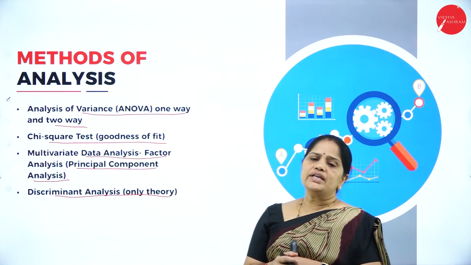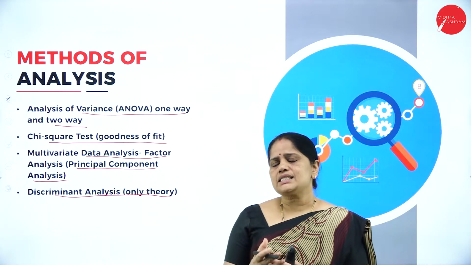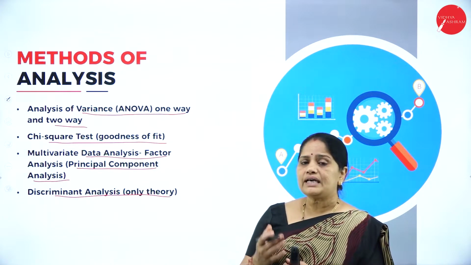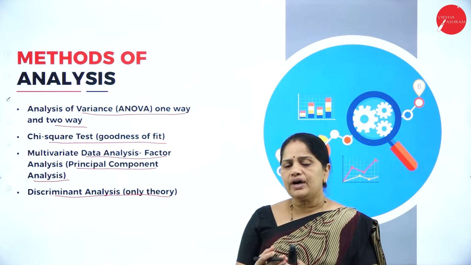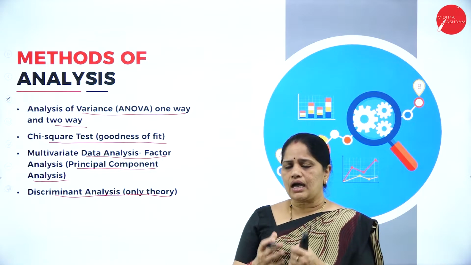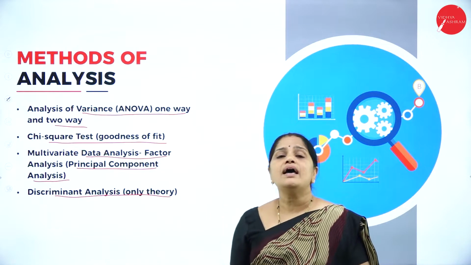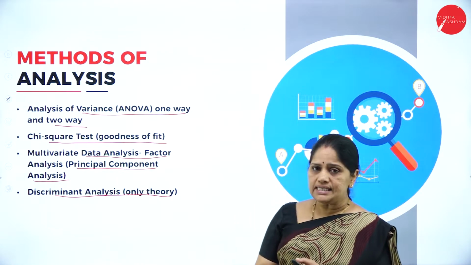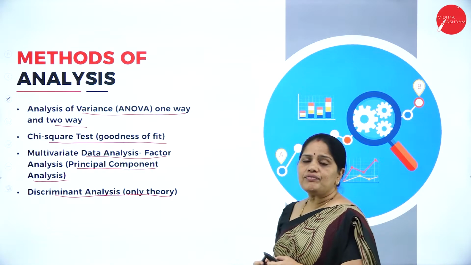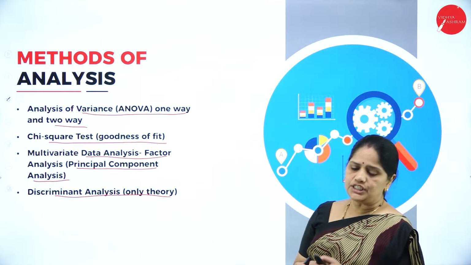So, there are various methods of checking the authenticity of the data, how far the data is good, how far you can believe in the result, or how this result will help in taking business decisions. So, these are the 5 chapters which you will be studying in this business research methods.